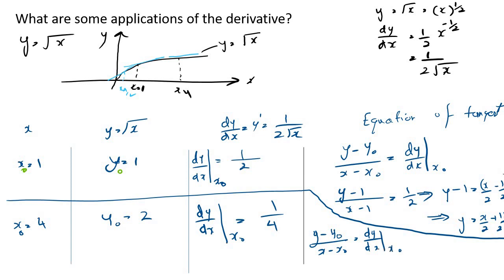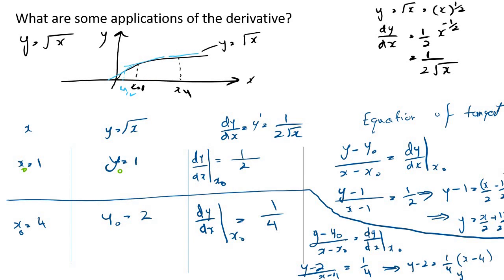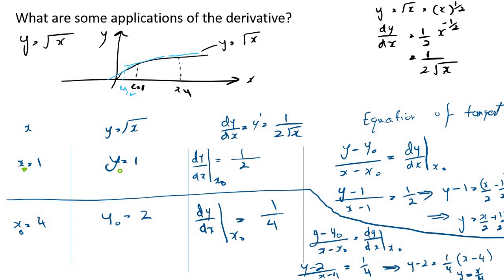This gives us the equation (y minus 2) over (x minus 4) equals a quarter. So y minus 2 equals a quarter times (x minus 4). So the equation would be y equals x over 4, minus 1, plus 3, so plus 1.